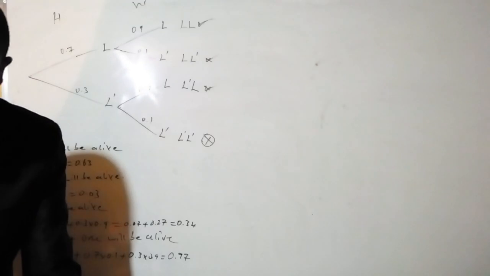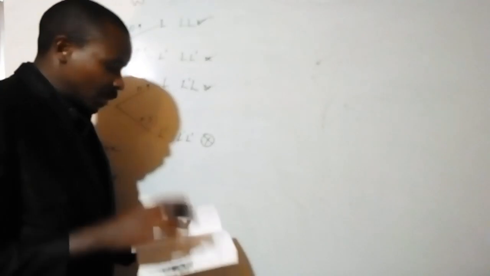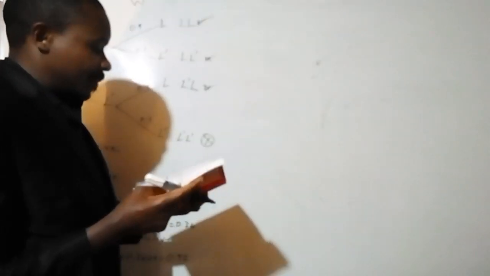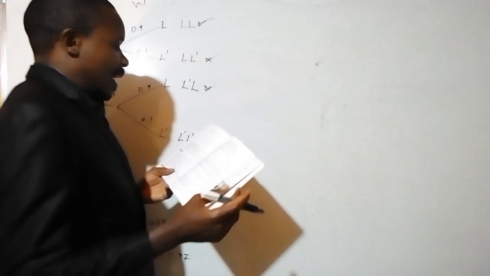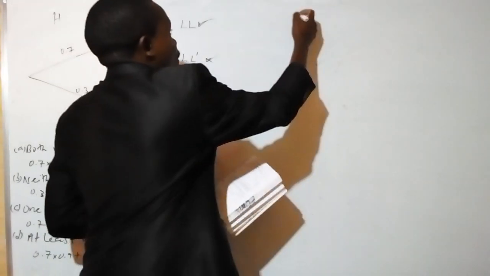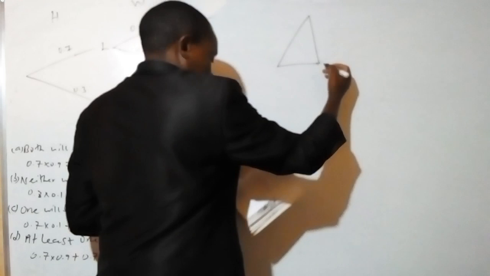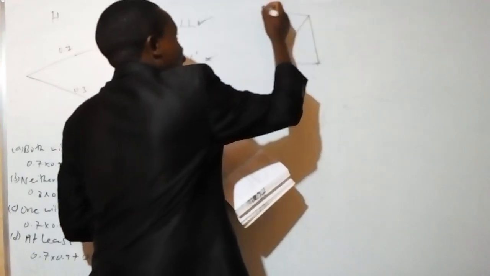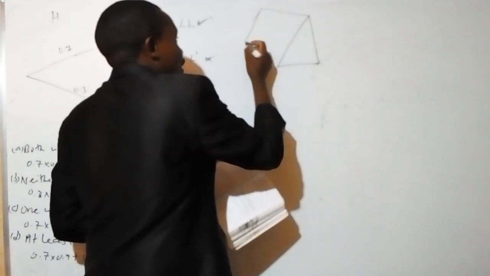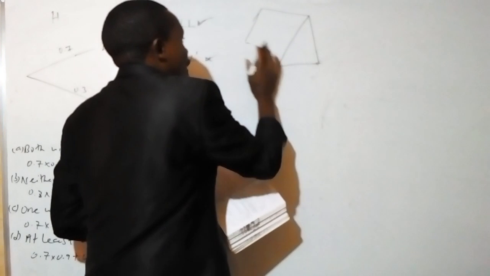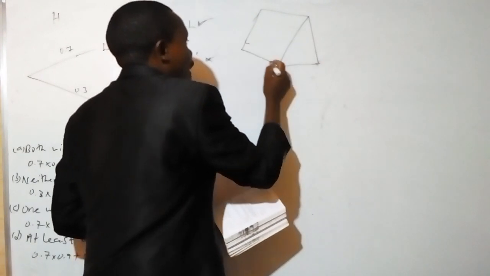Total, 10 marks. Next, we have the diagram that represents a wedge. We can first of all draw it here. It's a wedge.